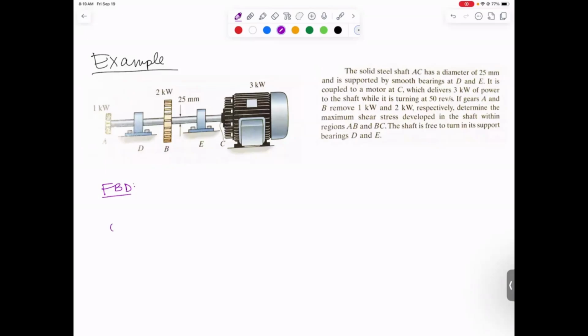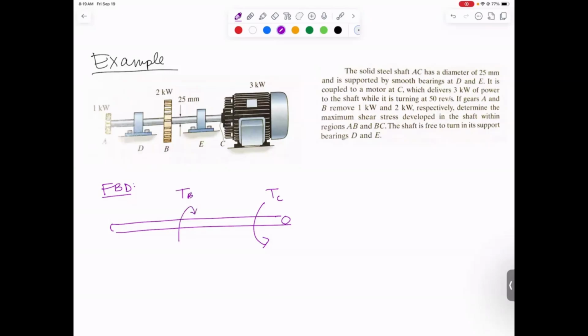So drawing a free body diagram of this shaft, the motor is delivering some amount of torque at C that's equivalent based on the speed it's rotating at to 3 kilowatts. You get to pick whichever direction you want to draw that torque. You can draw it clockwise, counterclockwise, does not matter. Now the output torques though at A and B have got to be in the opposite direction.